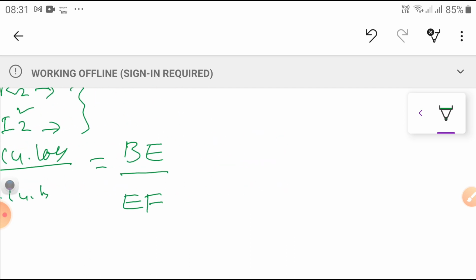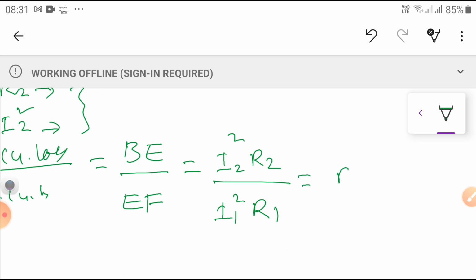We know the rotor copper loss formula: I2 squared R2. The resistance we know, and I know the I1 R1. So you know the resistance, you know the currents, so you are going to get it. So what is the value here? R2 by R1.